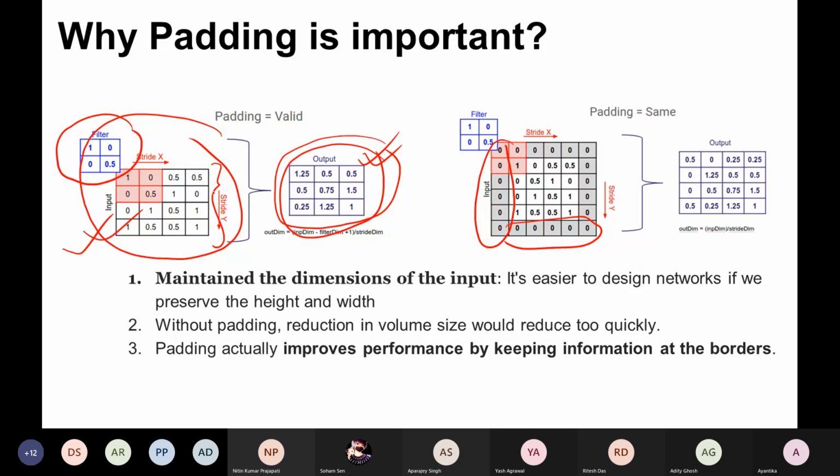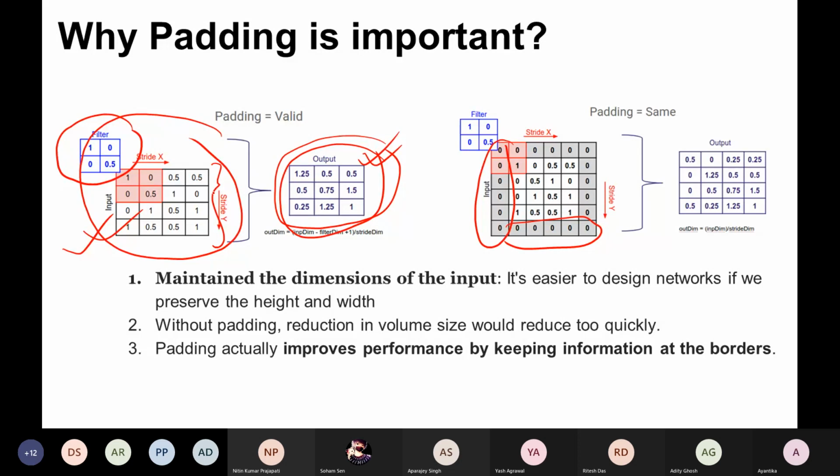Now, whenever you are designing a network, it is sometimes difficult to design the network with such sudden dimension reduction throughout the layers. That's why padding is important.